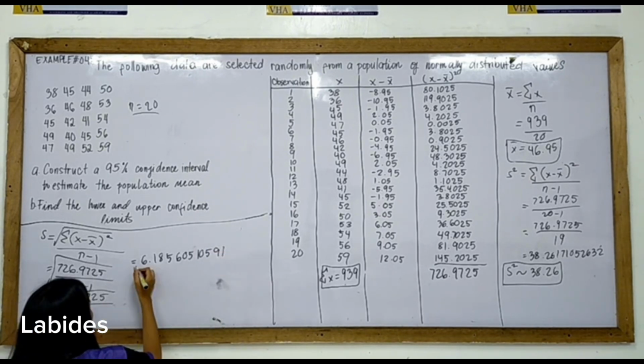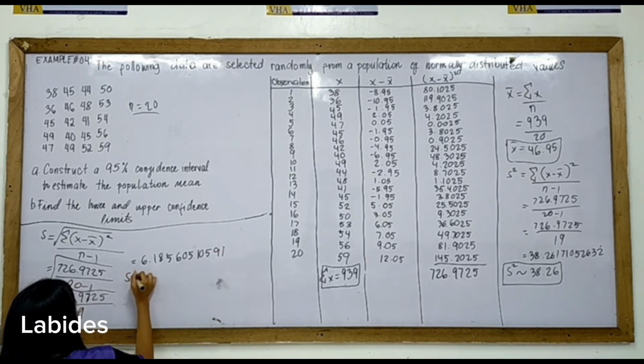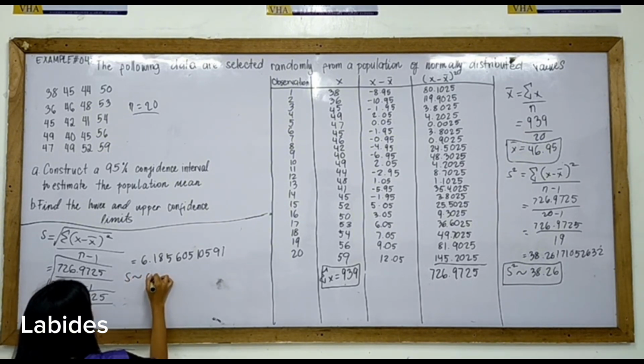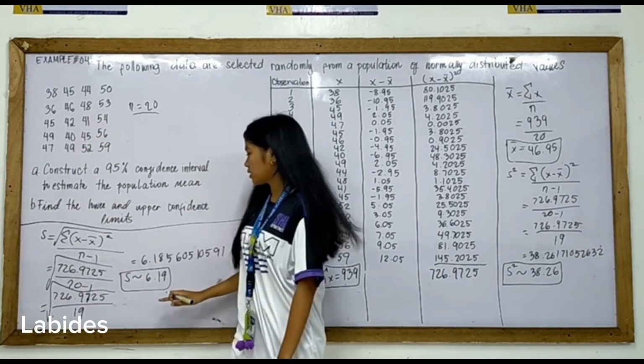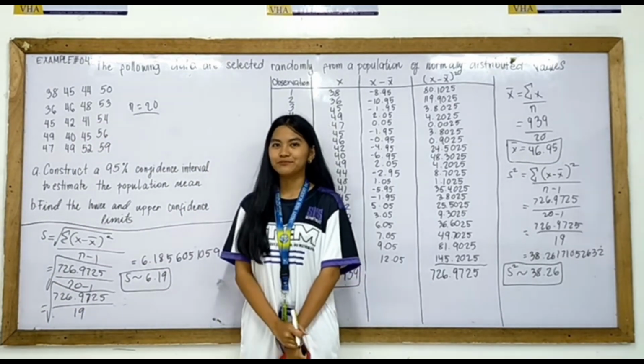So we're going to round that. Our sample standard deviation is approximately 6.19. Approximately because our answer is rounded.